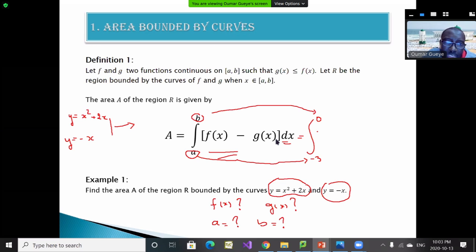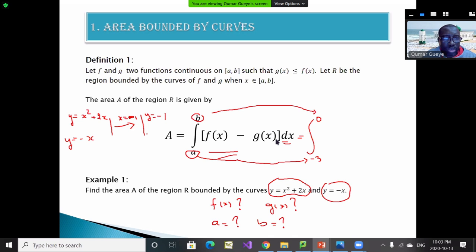Okay, and to simplify, I'm going to pick x equal to -1. You can pick -2, doesn't matter. I'm going to pick x equal to -1. So in this case, the first function is gonna give me, if you substitute x by -1, 1 minus 2, which is gonna be -1.